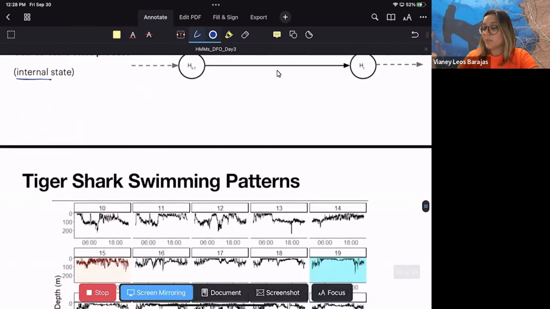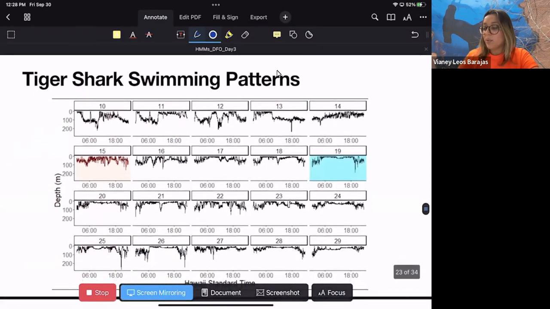So why would we be interested in making hidden Markov models even more complex? I tend to work on a lot of shark data. And what I noticed often is that people are quite interested in this time of day, activity by time of day.